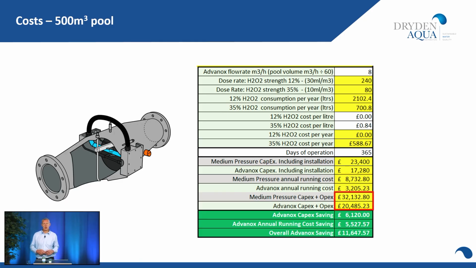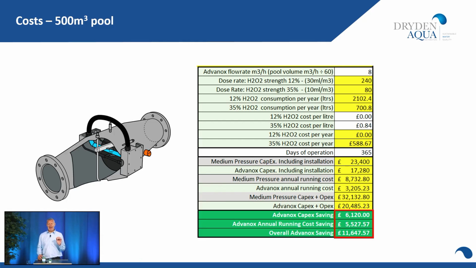If you're considering investing in a medium pressure UV system for that volume of water, you're looking in the region of £32,182 compared to investing in an Advanox system of just shy of £20,500. So that's the saving in terms of the CapEx, £6,120.